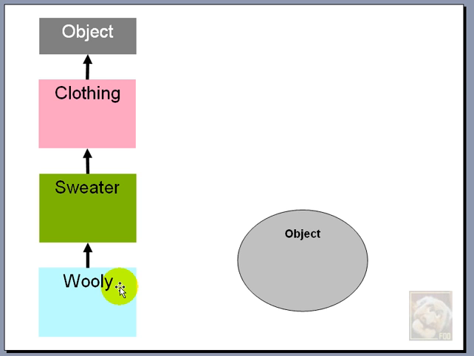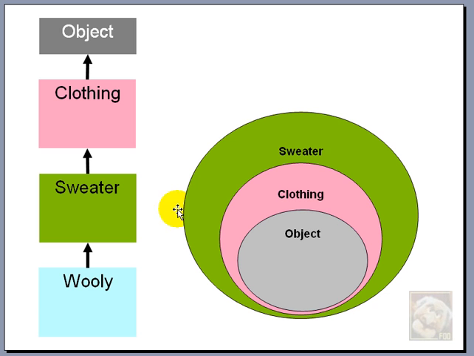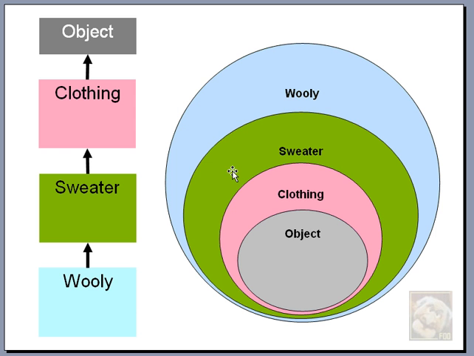Now, the next step will be to go one level down from object, that is clothing. And so we will add a new layer on top of object which will contain everything clothing provided to the object, that is its attributes and methods. If we go down one level more, we'll add layer sweater, attributes and methods, and we'll finally reach woolly, which was the class we started with in the first place, but it will be the last thing to add to the object. So this one sweater that we have produced here is a woolly sweater.